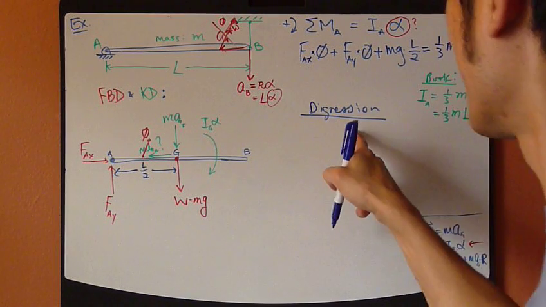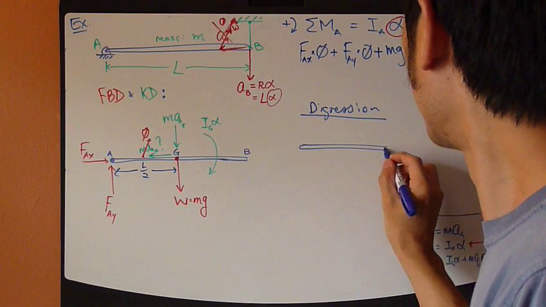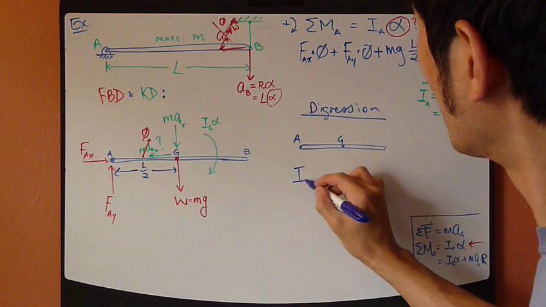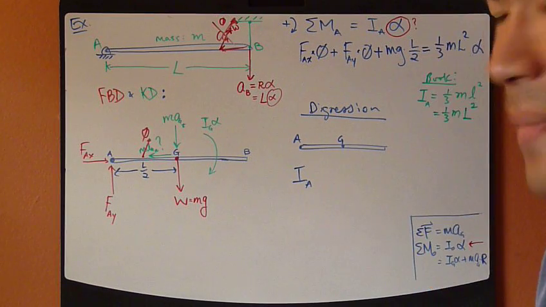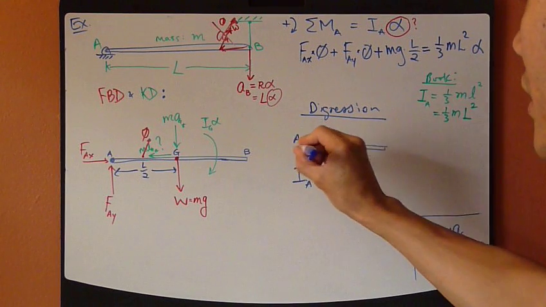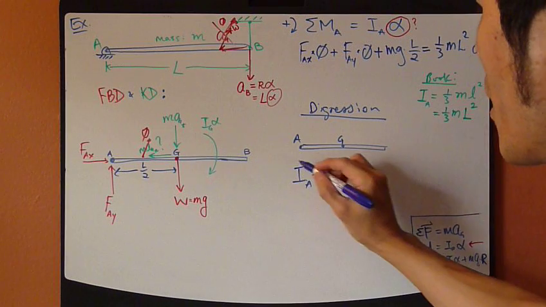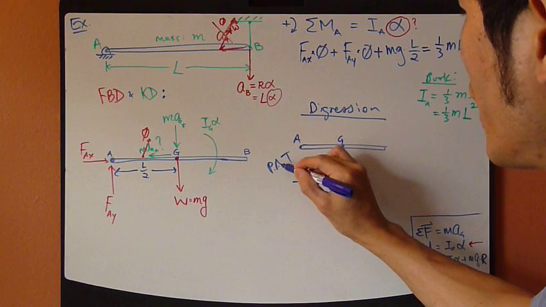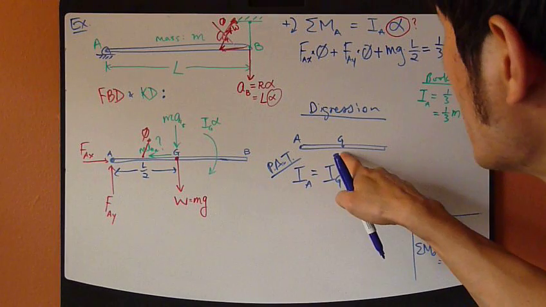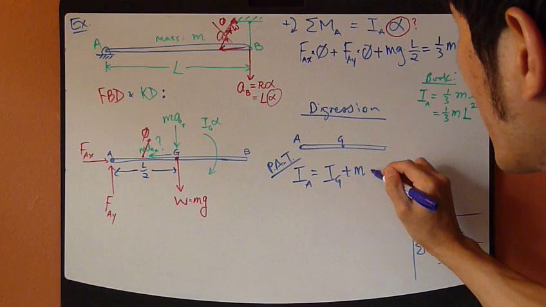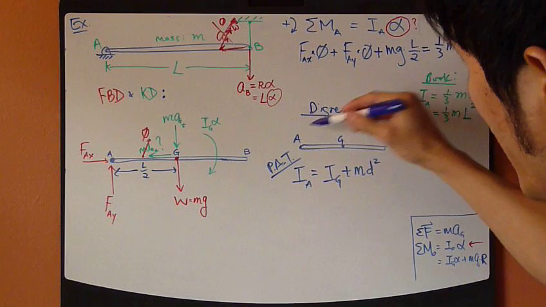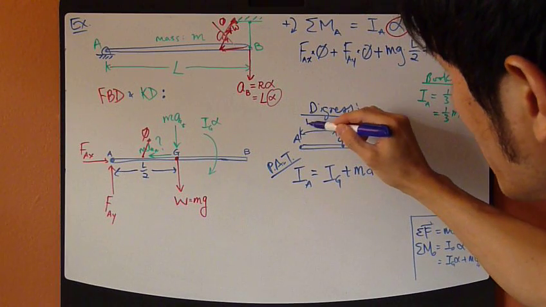All right, so we have a rod, we have center of gravity, we have this point A. So I about this point A, or about this axis going through point A, equals, from parallel axis theorem, the I through center of gravity plus md squared, where d is the distance between G and A, which is this right here, which is L over 2.